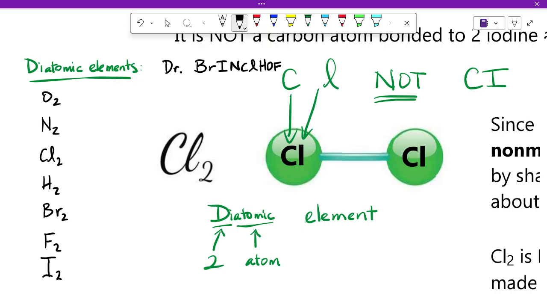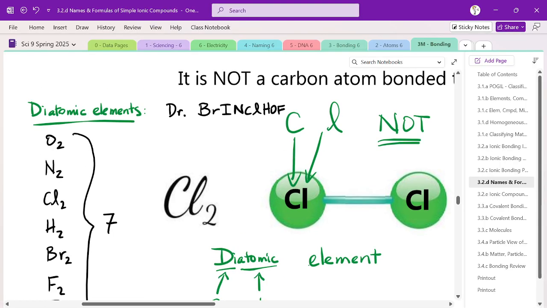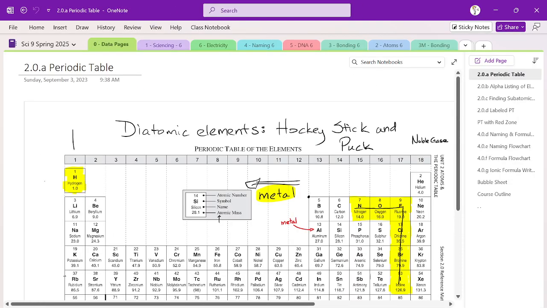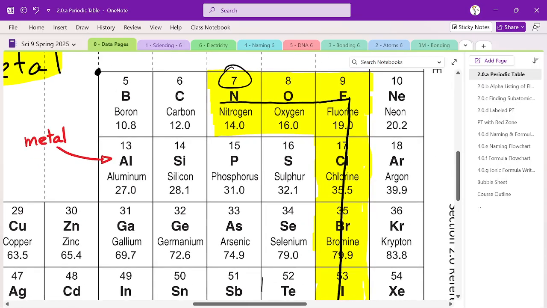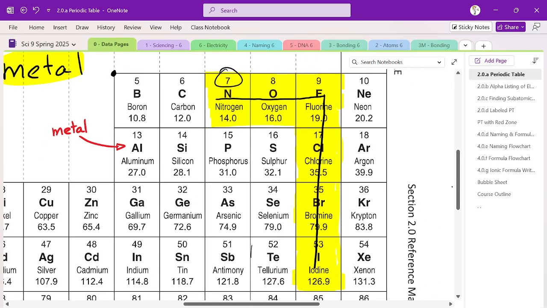What if you don't like Dr. Brinkelhoff? How many of these are there? There are 7. Go to element number 7. Draw a 7.